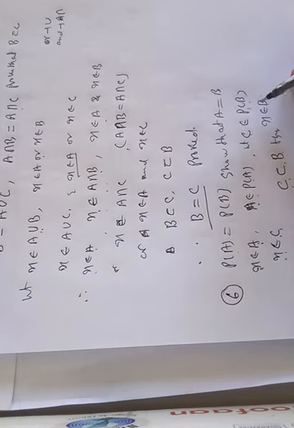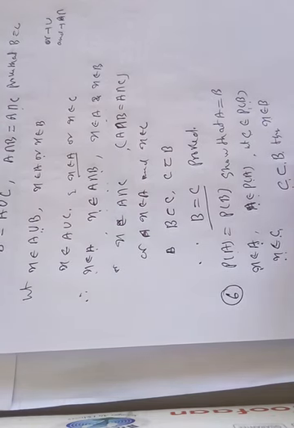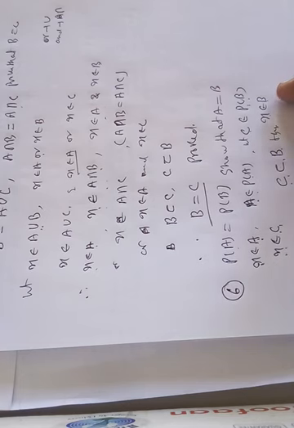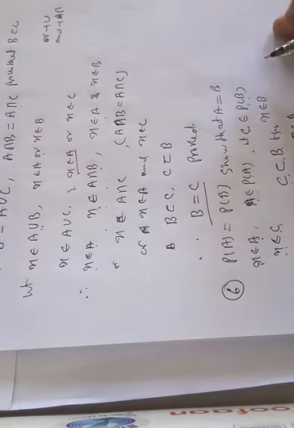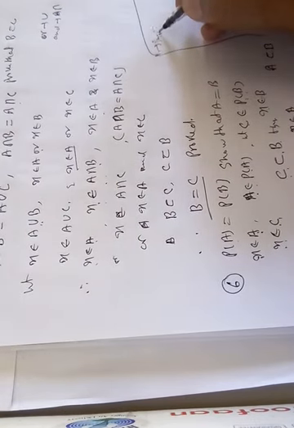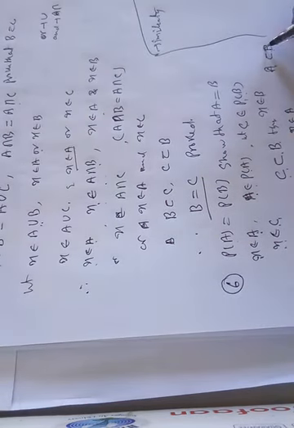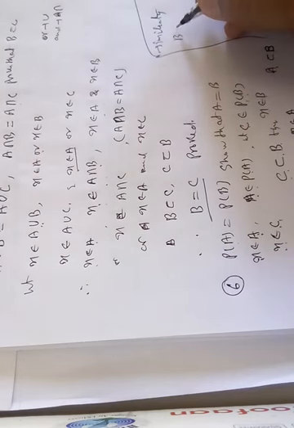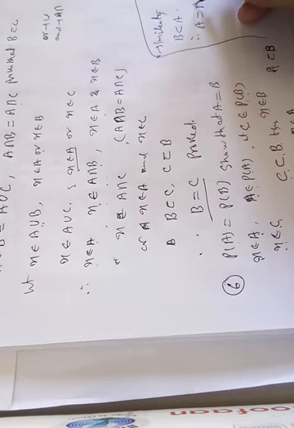P of B. Then X belongs to C or X belongs to B. So then X belongs to A also. Given, A is a subset of B. Similarly, B is a subset of A. So therefore A equal to B, proved.